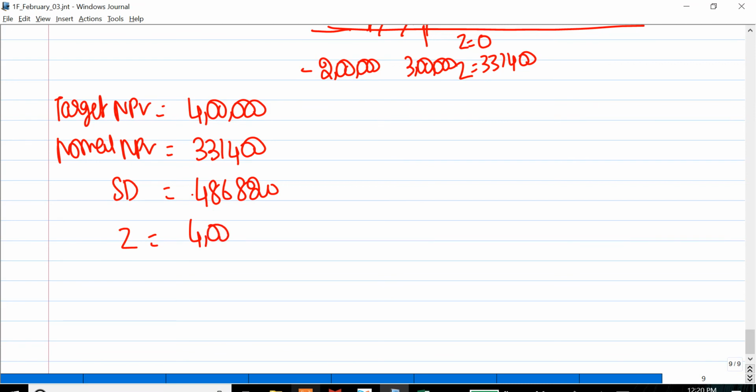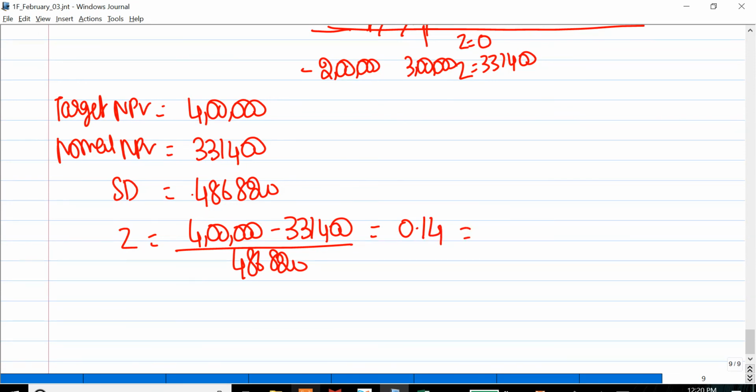Z is... what is the Z value you get? How much? 0.14, which corresponds to 0.55. Okay, this is the answer if you are looking for less than value.